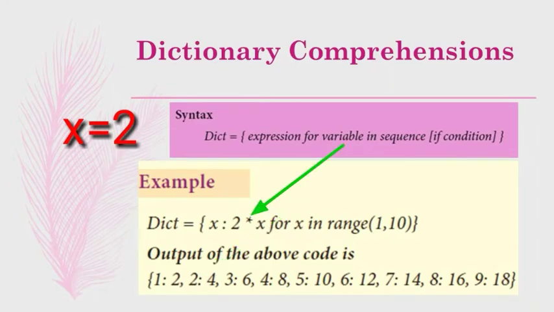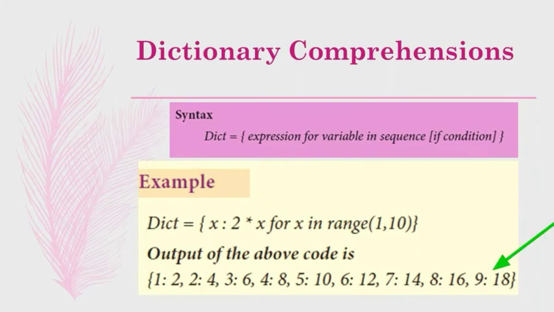Next, update the value of x to 3: 3 colon 2 into 3, that means 3 colon 6. Next comma. Next, x becomes 4: 4 colon 2 into 4, that means 8. So 4 colon 8. You have to continue the execution until you reach the last value, which means 9. When x is 9, 9 colon 2 into 9 means 18. So 9 colon 18. After that the loop will be terminated.